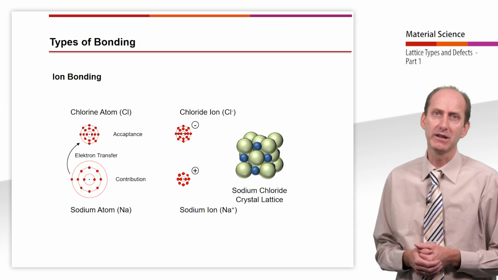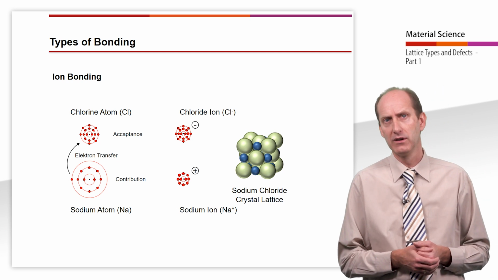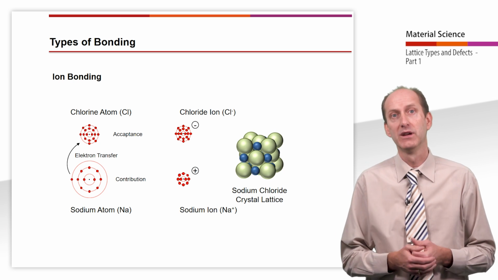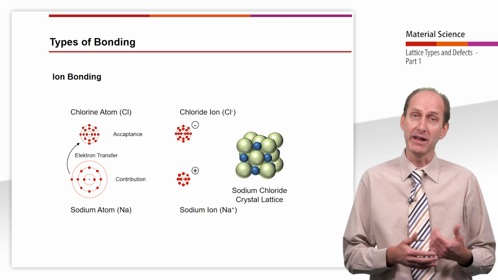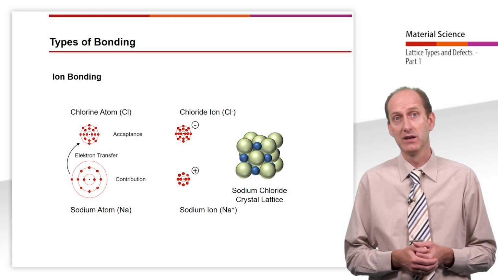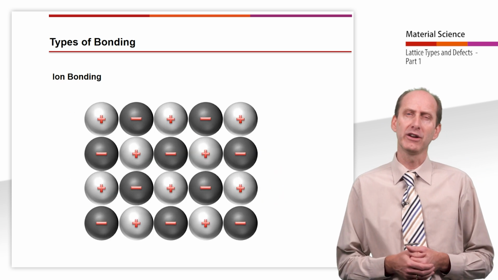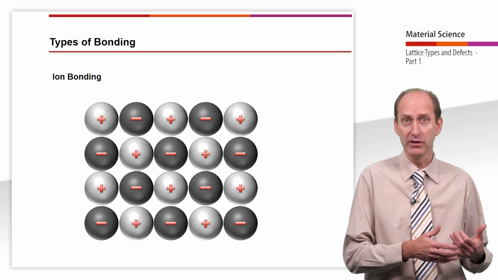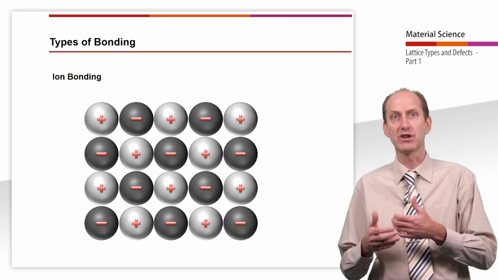Table salt is chemically sodium chloride. The chlorine atom gains an electron from the sodium atom, thus creating a NaCl molecule. In a solid body, the electrostatic forces cause a positively charged cation to be followed by a negatively charged anion.